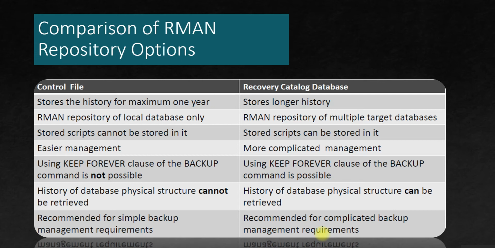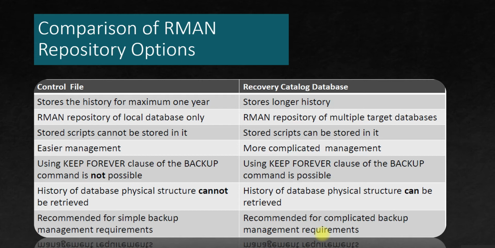control file only records the RMAN repository for the local database only, through which it connects. When we say RMAN target /, it will only store the backup information in the control file for the local database only. But RMAN catalog will be storing the RMAN repository for multiple target databases.